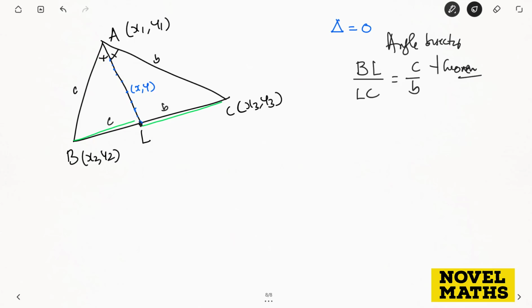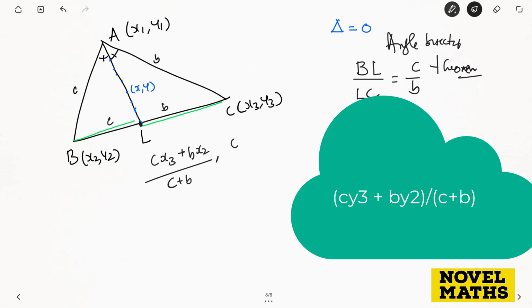All right, so this will be c times this coordinate, c x3 plus b x2 over the sum of that, c plus b. For y also, c y3 plus b y2 over c plus b. And now the problem is almost solved. We have to do some simplification using properties of determinant.